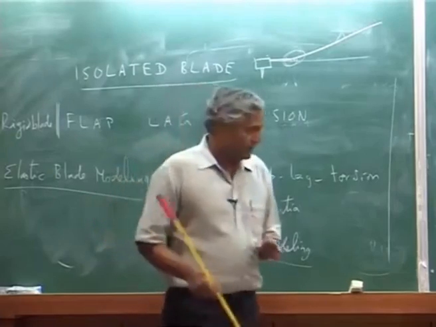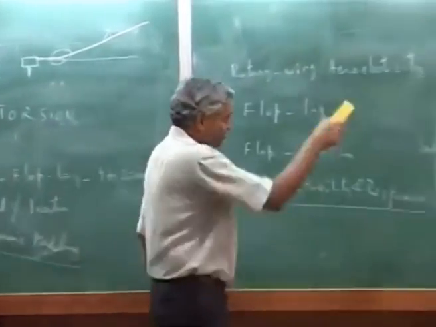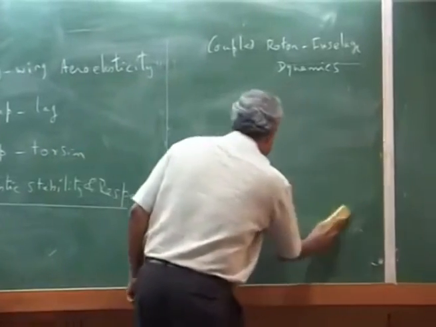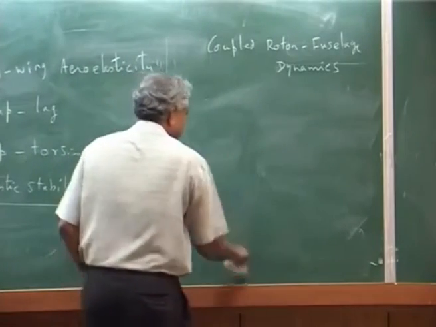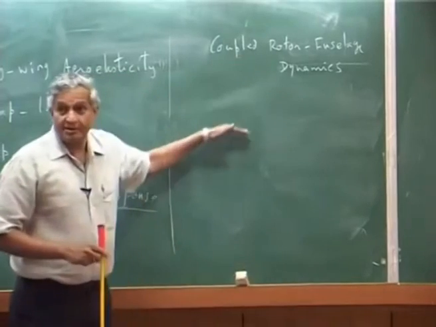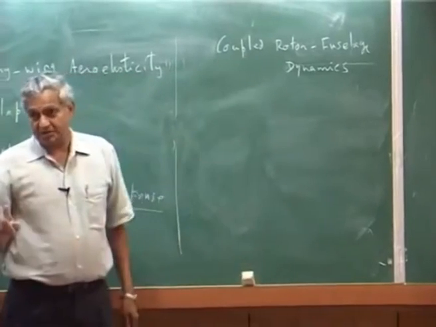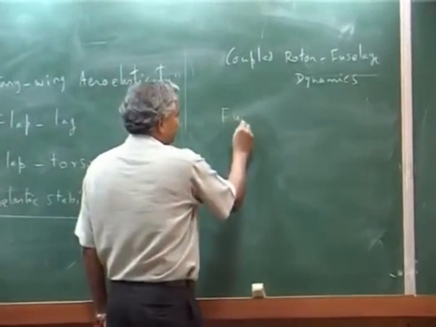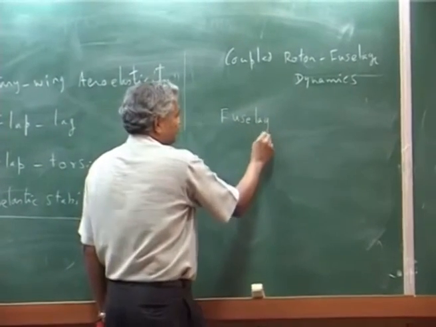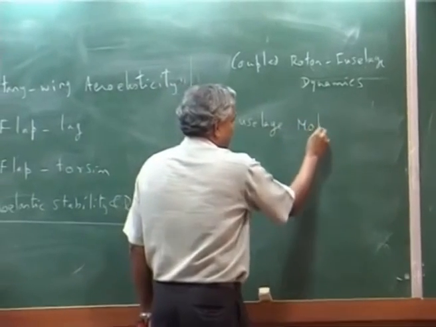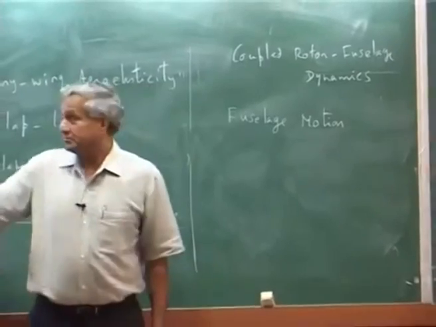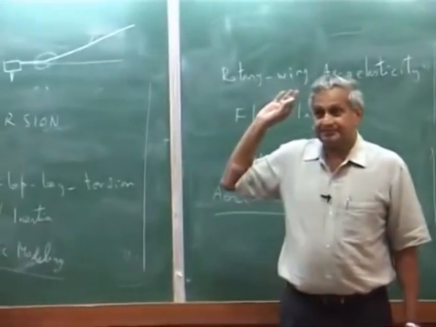Is it clear? Okay, now I will go back to this, because I am giving only the type of problems. This requires now fuselage motion. So you will have fuselage motion in addition to flap lag torsion.